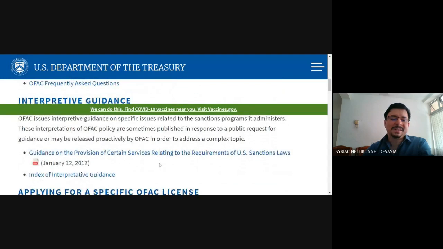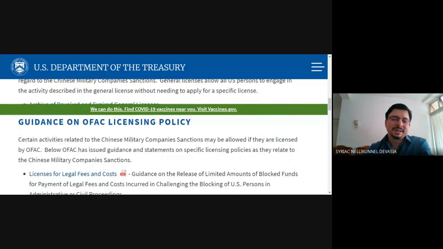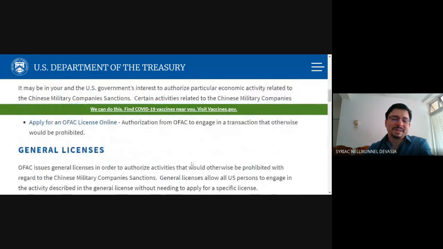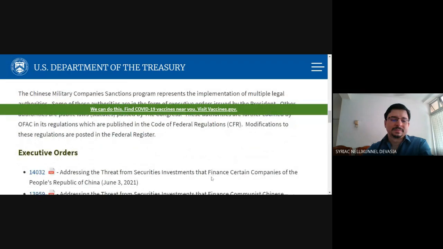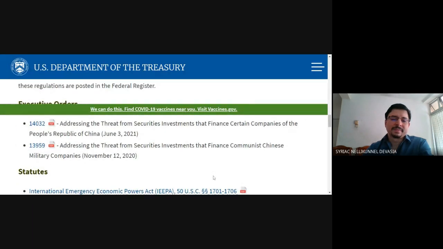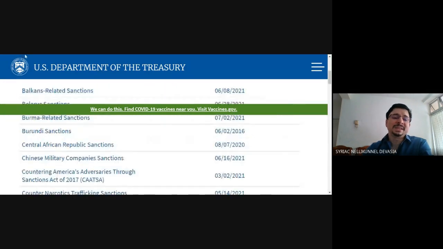They have given all the guidelines related to the sanctions here. You can go through the requirements. Addressing the threat from securities investments that finance certain companies of the People's Republic of China, and so on. This is one example I just wanted to show you.